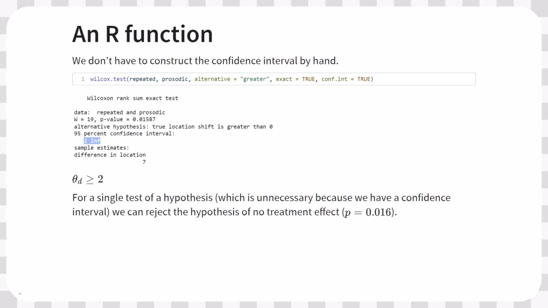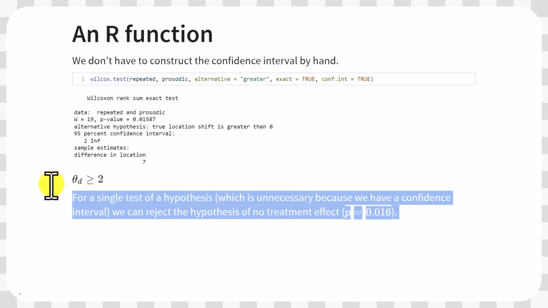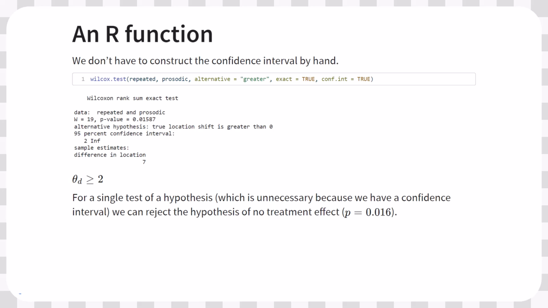For a single hypothesis test, which is unnecessary, we know that we would reject. We know that from before because we get a p-value of 0.016. But what does that tell us? It tells us that there is a treatment effect. What does the confidence interval tell us? It tells us how big that treatment effect is, so it provides more information for us. We could also use the R function wilcox_test, which is in the coin library.